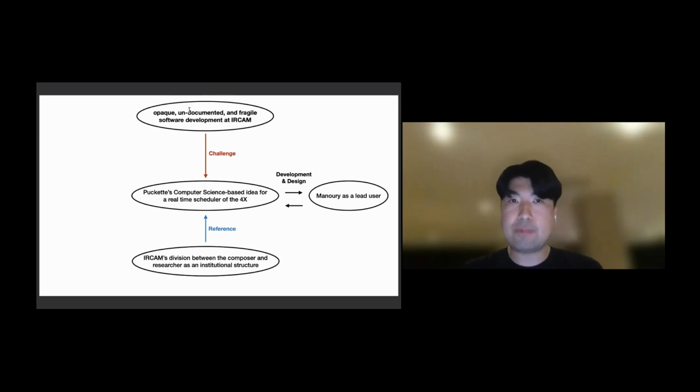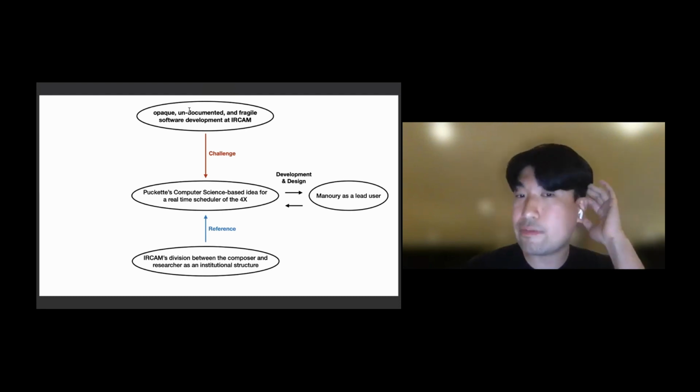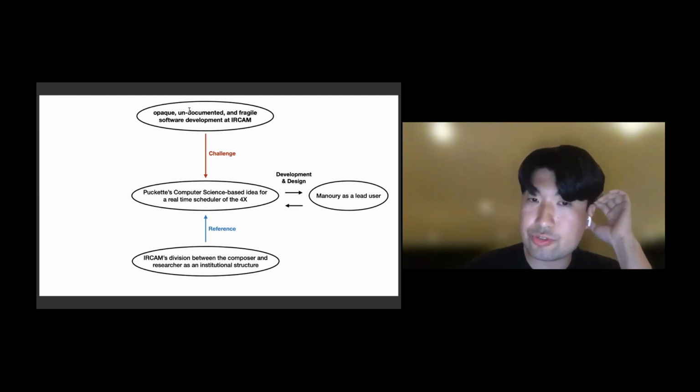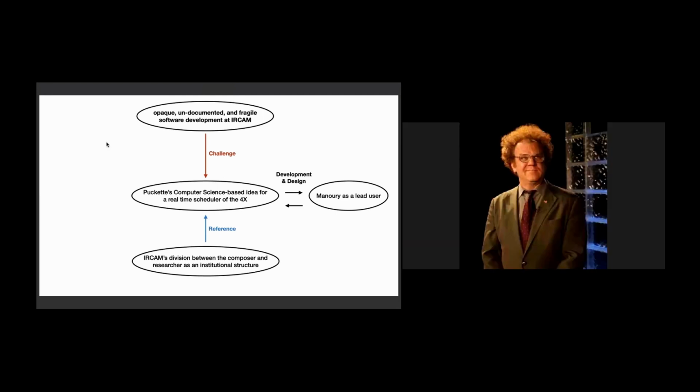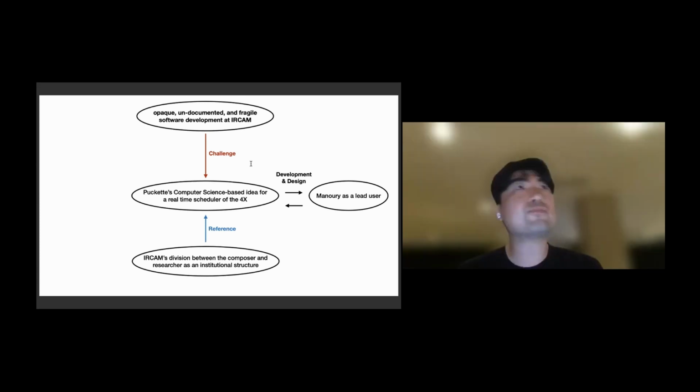This was challenged by the very opaque and undocumented software development at IRCAM at the time, but Puckette also referenced the institutional structure of IRCAM, which strictly divided researcher and composer. And I think more detailed research based on this blueprint will provide more connection between the historical context and the design characteristics of Max as a distributed lab in a richer way.